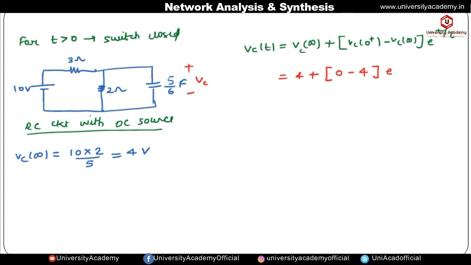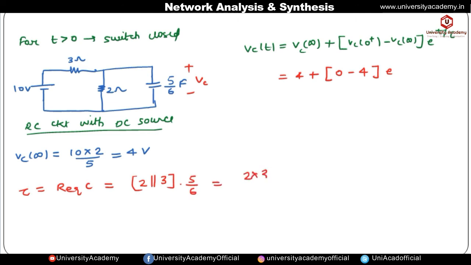Now let's find the time constant. It is given by R equivalent into C. If we deactivate the circuit, this voltage source will become a short circuit. So R equivalent will be this 2 ohm connected in parallel with this 3 ohm, and the C value given in the question is 5 by 6.